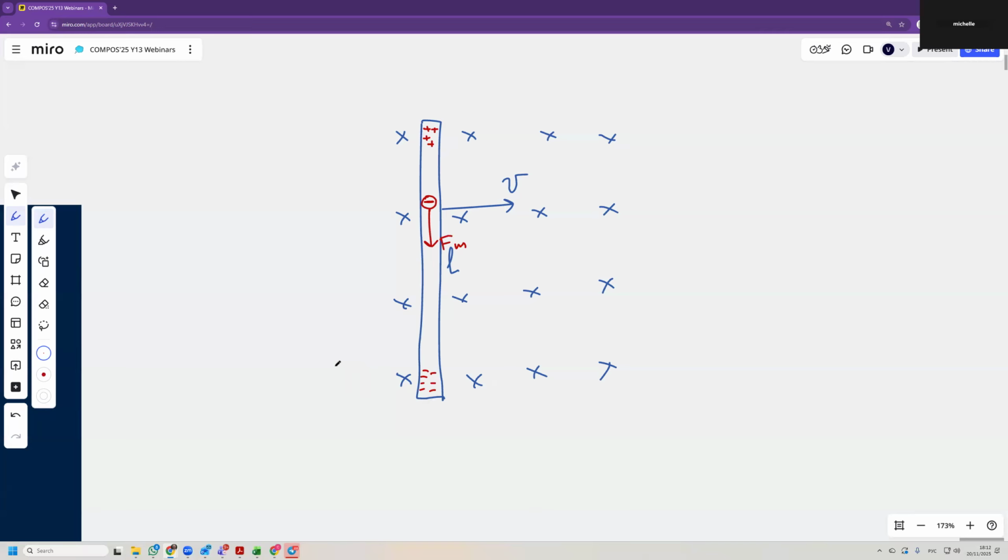Electrons have moved from the top to the bottom. Because there's an excess of negative charge on the bottom and an excess of positive charge on the top, the electron will experience an upward force, which is an electrostatic force.